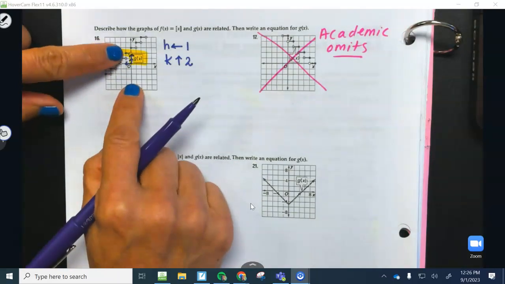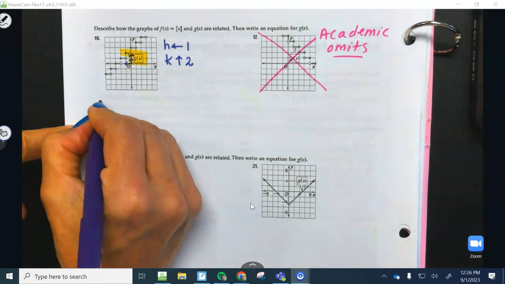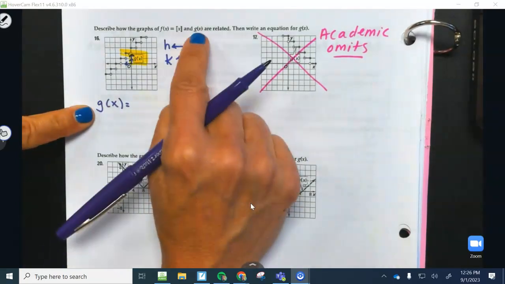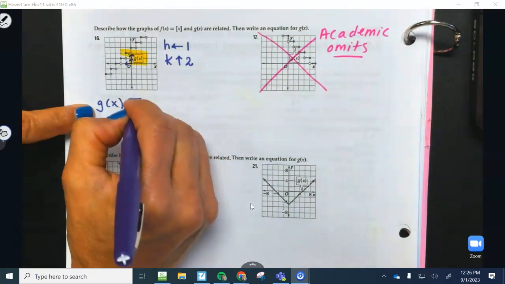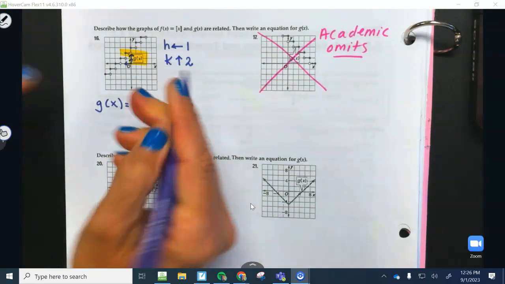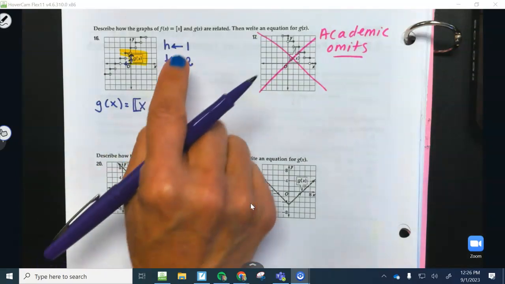So now that I see this is 1 place over and 2 places up, I can now write my function. So we're going to call it g of x because that's what the instructions indicate. And remember, we're going to use those double brackets. And it is still opposite inside those double brackets, guys.